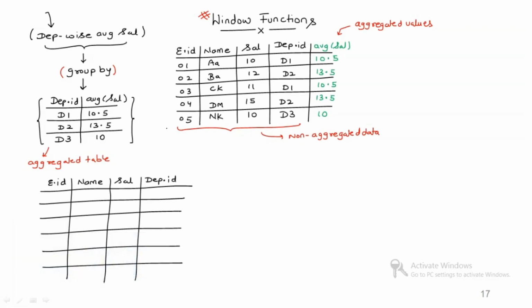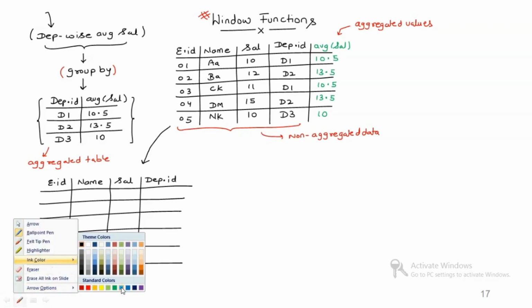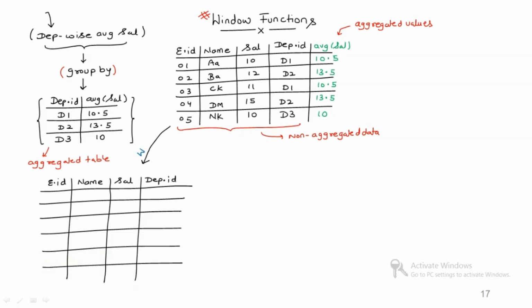The very first step when we want to apply window functions is known as windowing or partitioning. Since my objective is to find the department-wise average salary, I will arrange my data in such a way that all the similar departments are in consecutive rows. Let's see how.